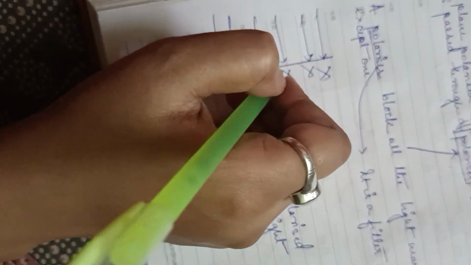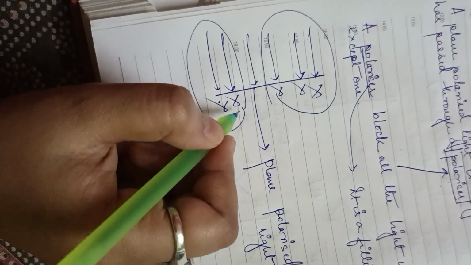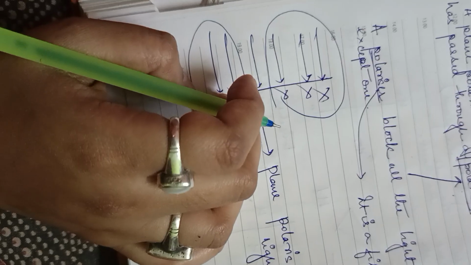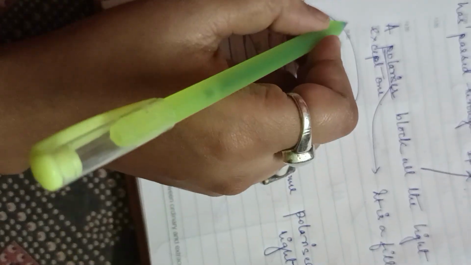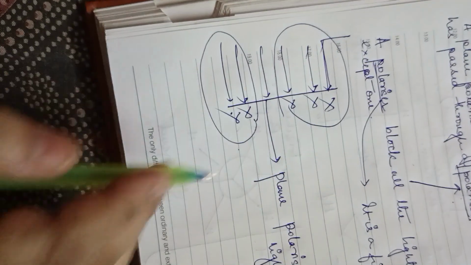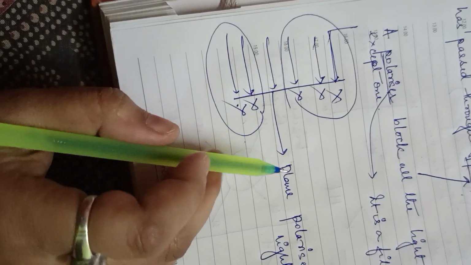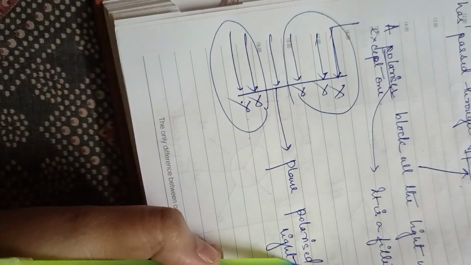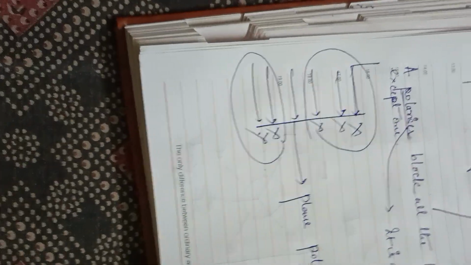The others are not plane polarized light because they couldn't pass.